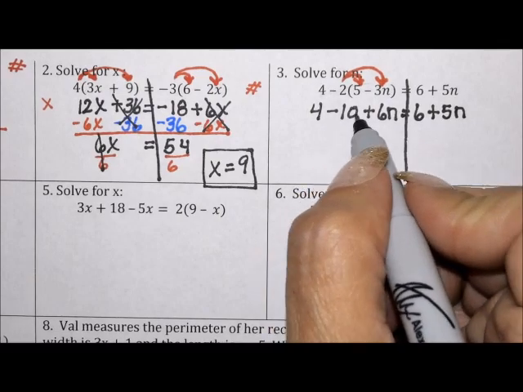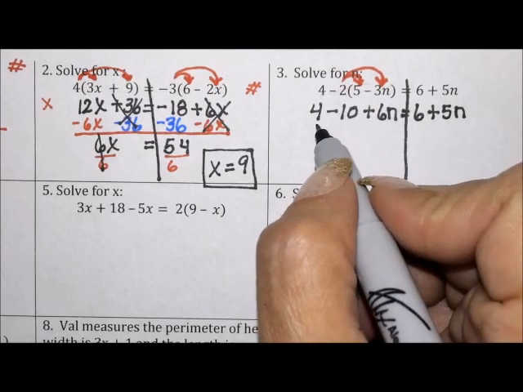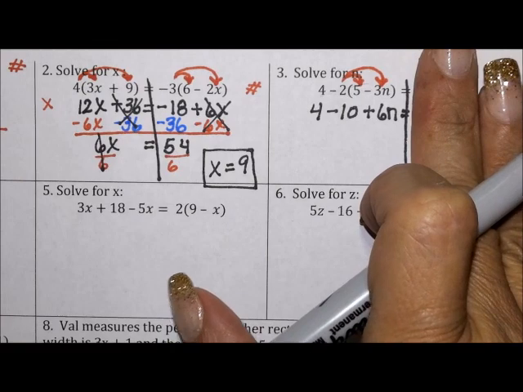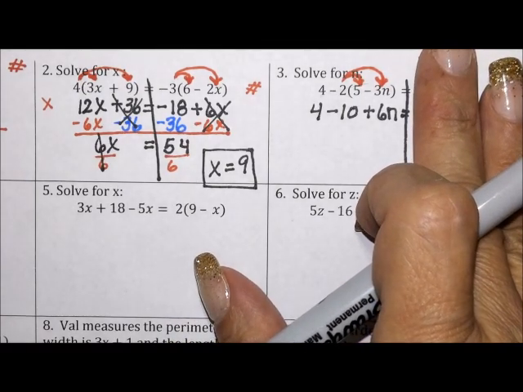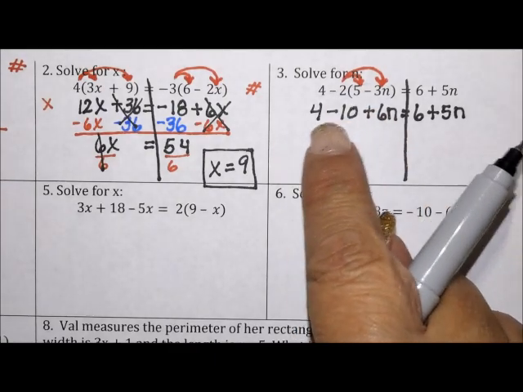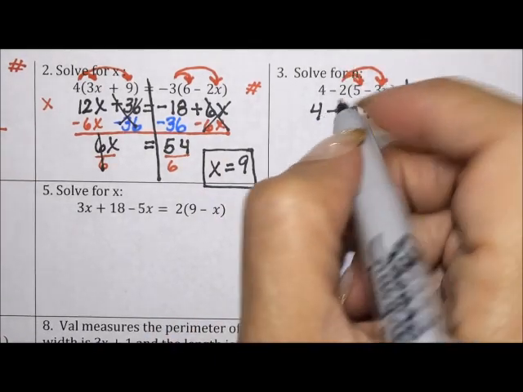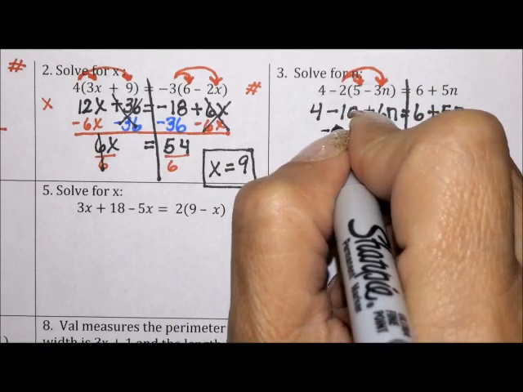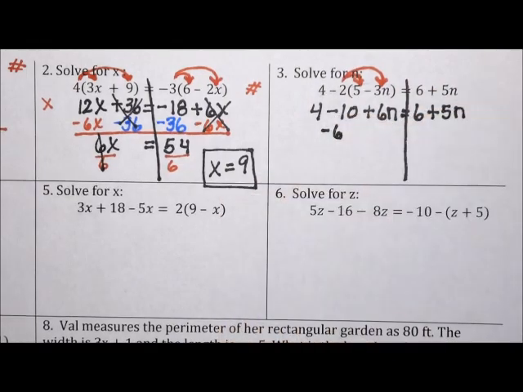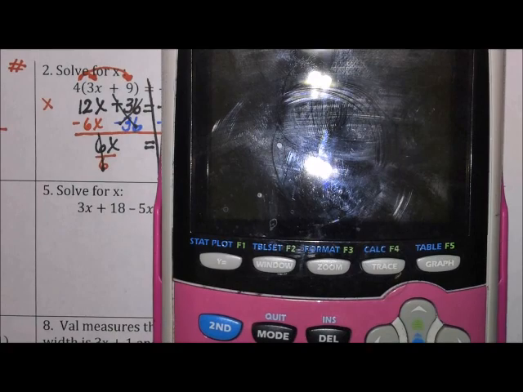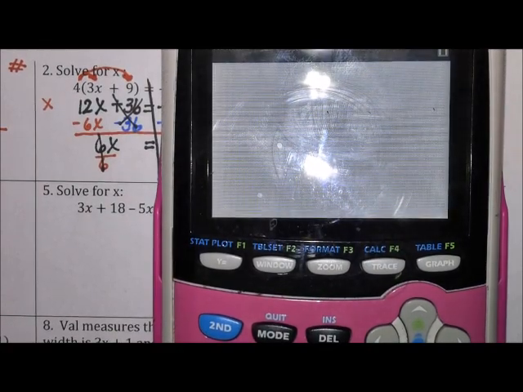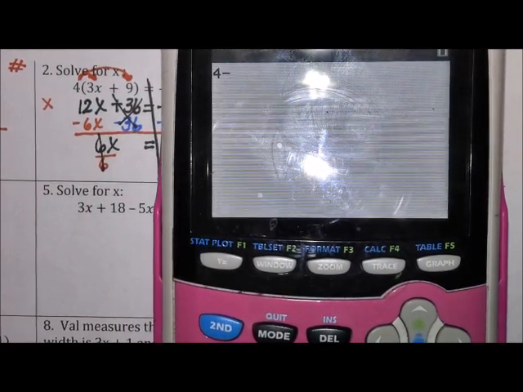Now, I notice I have 3 terms on this side. When I have 3, that means there's probably something I can smush together. You're looking at that, you're like, oh, 4 and 10, those are just numbers. So 4 minus 10 would be negative 6. And remember, when we put that in our calculator, it looks something like this. 4 minus 10.